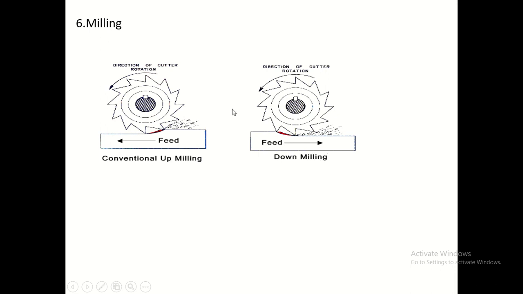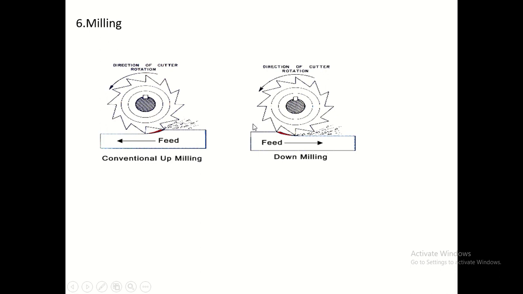In up milling, the cutting tool and the table are fed in different directions. The cutting tool rotates in this direction and the feed given to the table or workpiece is in this direction. Both are in opposite directions, then it is called up milling.